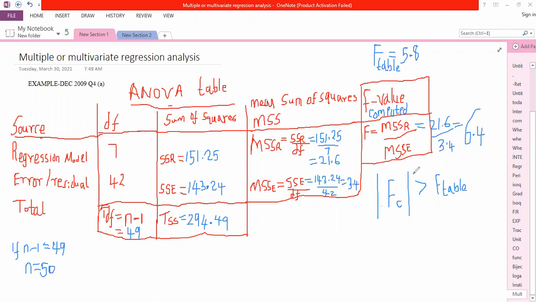That study is significant, and of course, it may be contributing to the field of research work. I repeat, if the F computed is greater than the F table, then we say the model, or the study, is significant.